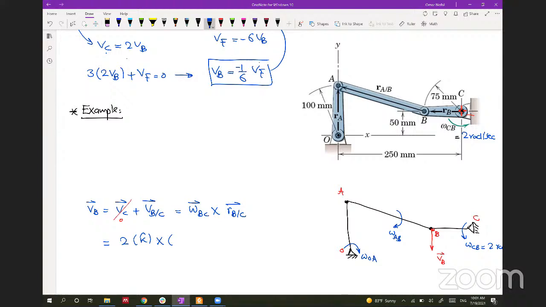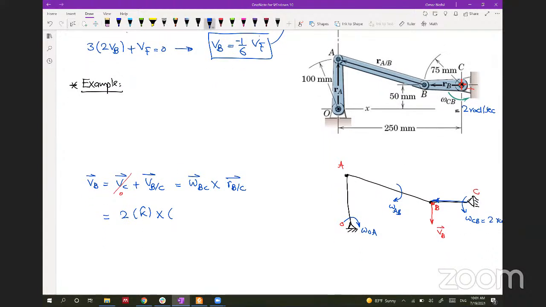RBC is this vector. It's in the negative i hat direction, and it has a distance of 75 millimeter, as you can see here. So you can write this as 0.075 if we solve it with meters, in the negative i hat direction. So we will have negative i hat. If we multiply this cross product, you have i, j, and k.